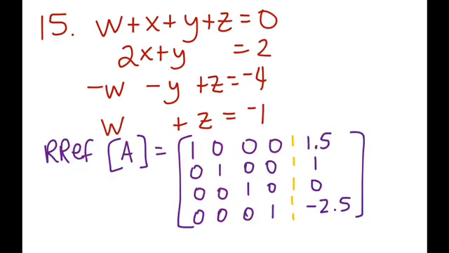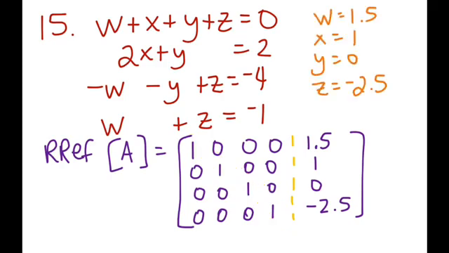Find reduced row echelon form. Go through that process, and this is what you should get when you've done that. And that means that w is equal to 1.5, x is equal to 1, y is equal to 0, and z is equal to negative 2.5.